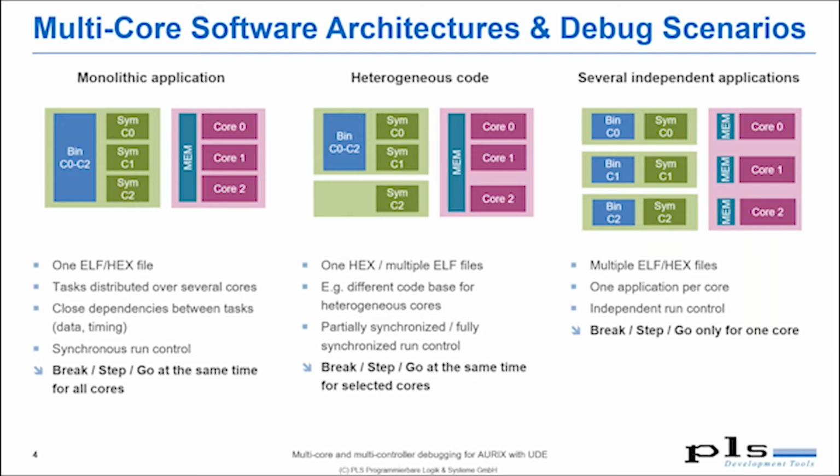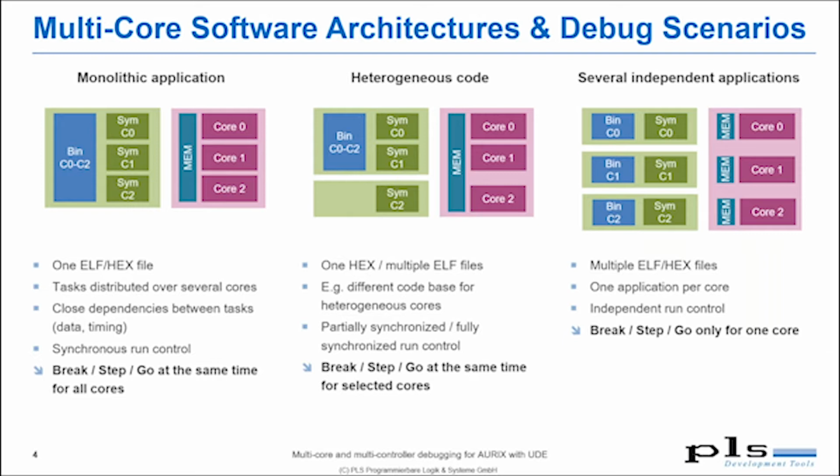For this case, there may also be the need to perform debug actions only on a subset of the available cores, for example, only for the HSM or only for the TriCore based cores. So we need a kind of partial debug synchronization.